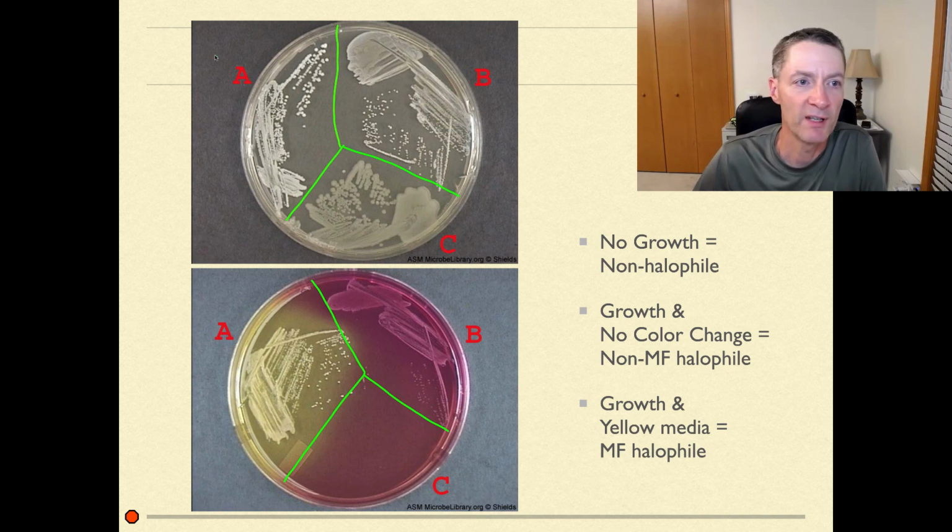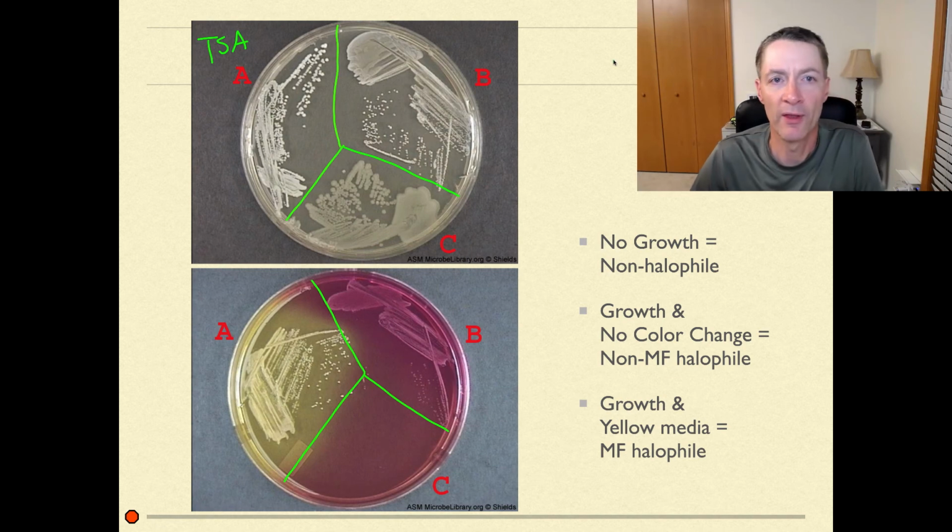Up here we have a TSA plate, so every organism grows. There's nothing there to kill any of these organisms. But on the bottom, in the C third of this plate, we have absolutely nothing. Nothing at all, right? This indicates that there was no growth.